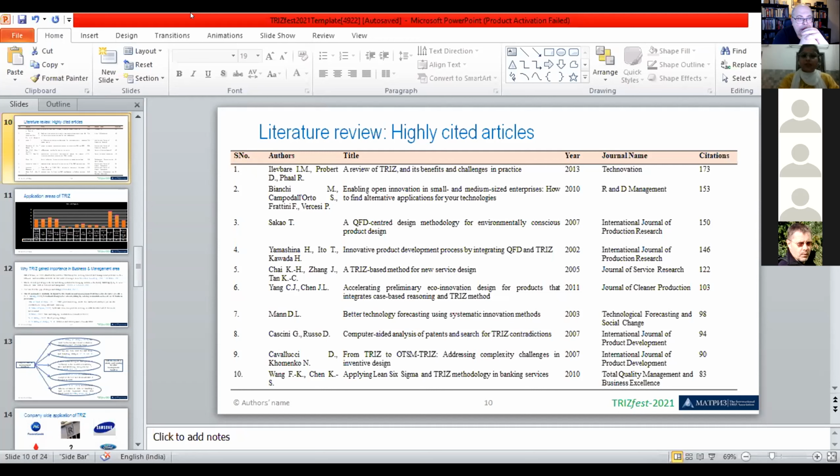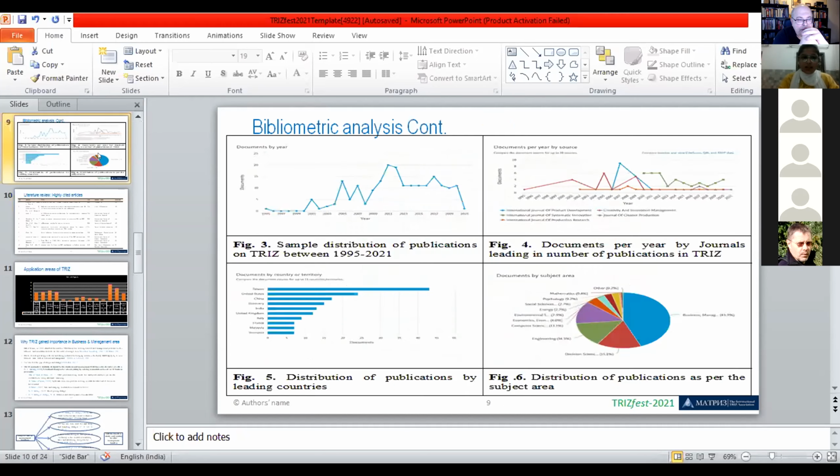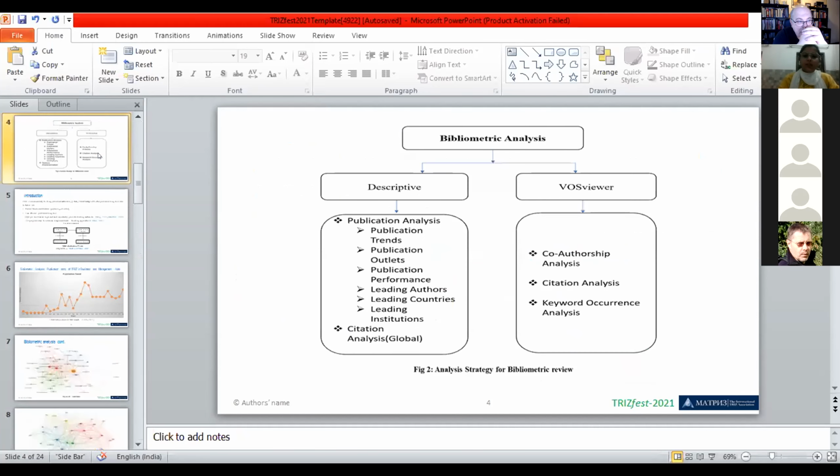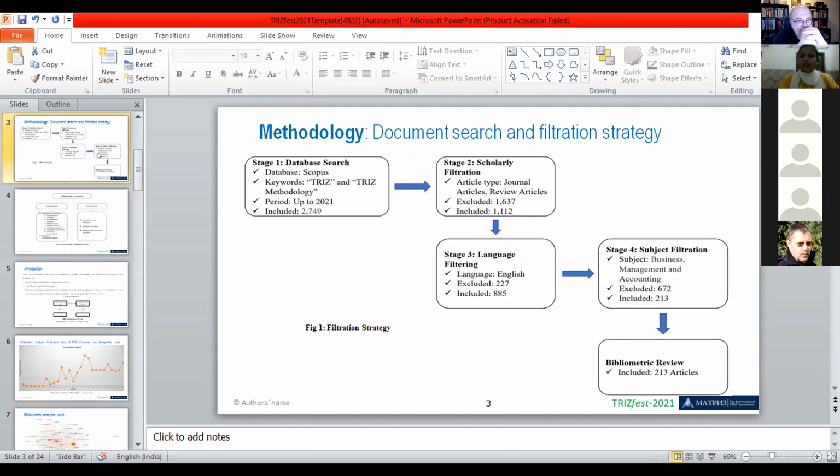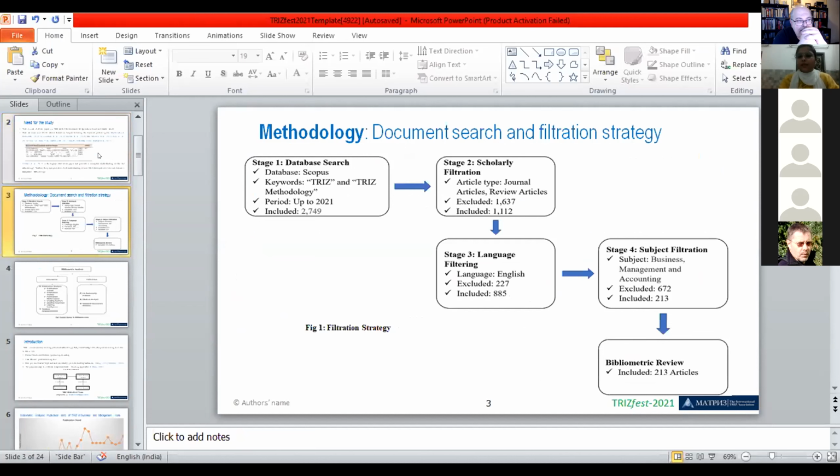The conclusion is only based on the 213 articles that we obtained from the Scopus database. So it is obviously not comprehensive and does not include all the research work based on TRIZ.